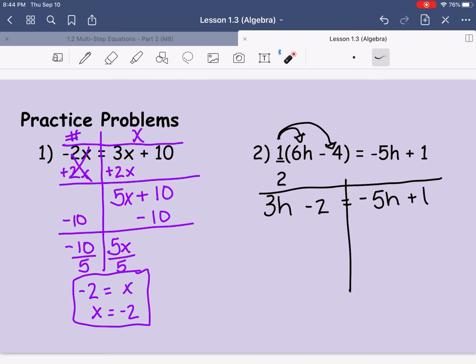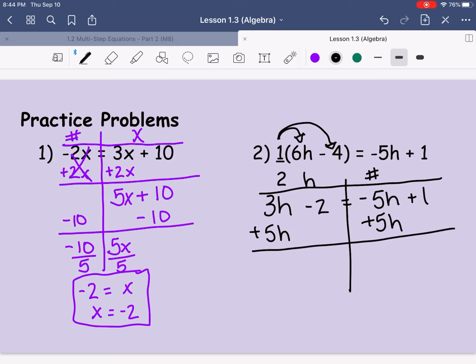Okay, again, I'm looking at my variables to decide which side, which one is bigger, 3h or negative 5h. 3h. So this side is going to be for h's, this is for numbers, and I need to move that negative 5h to the other side. I do that by adding 5h.